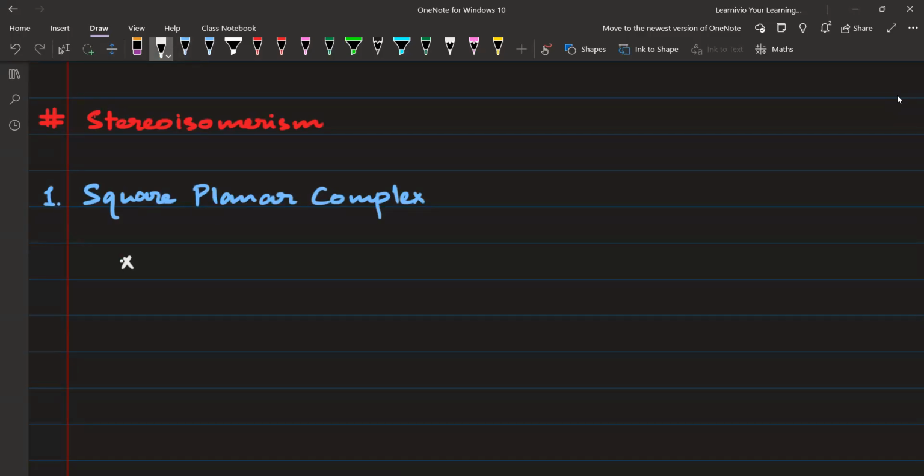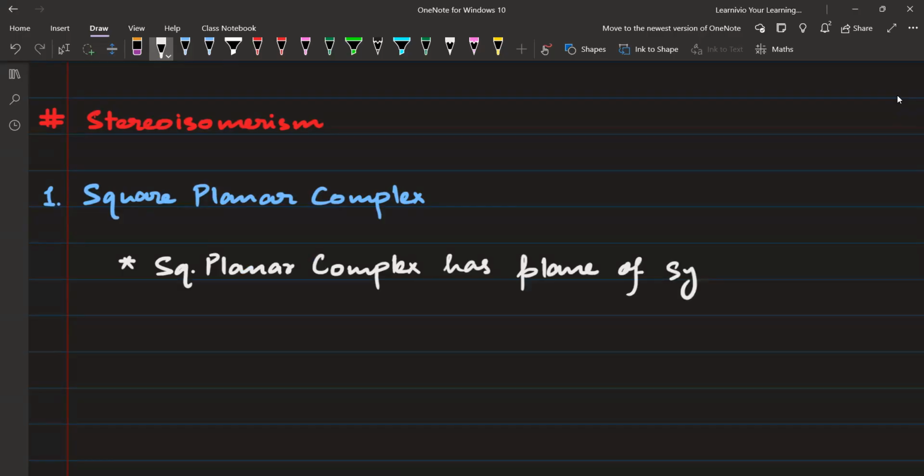First point regarding square planar complex, please write the square planar complex has plane of symmetry.